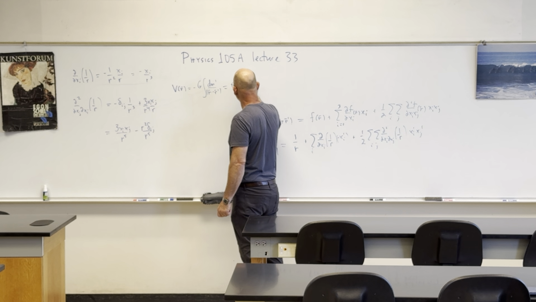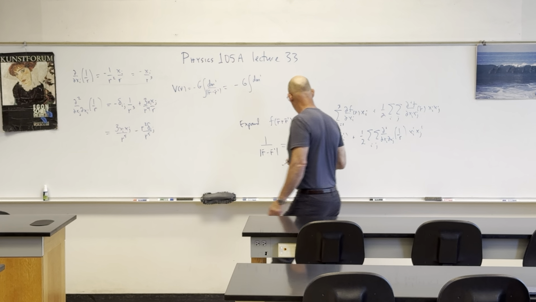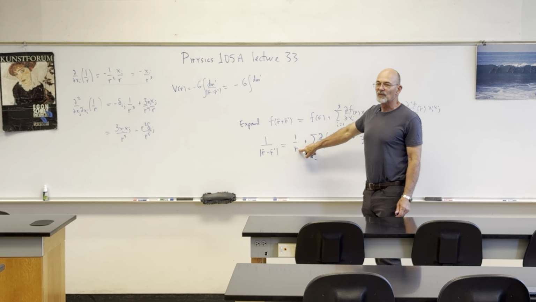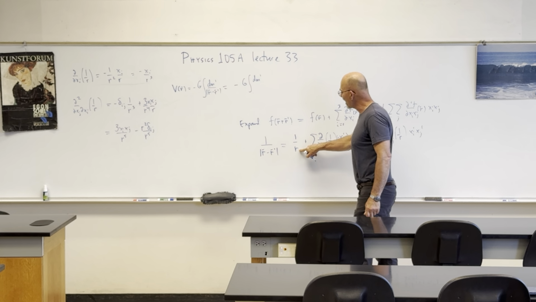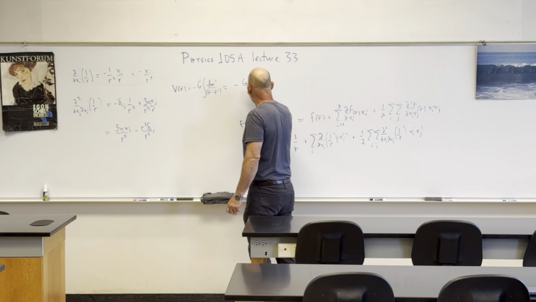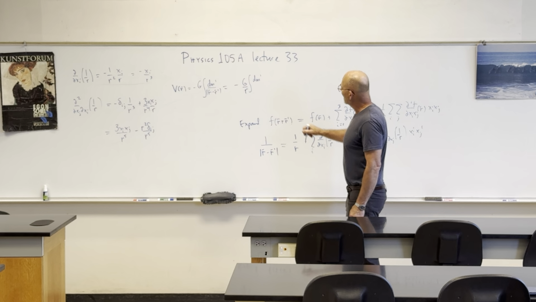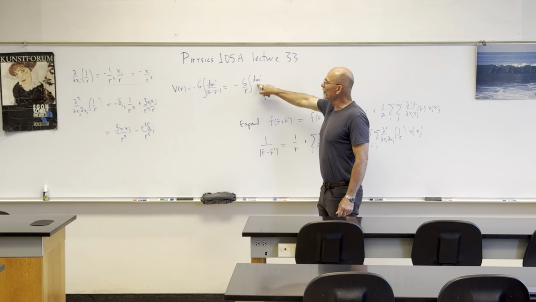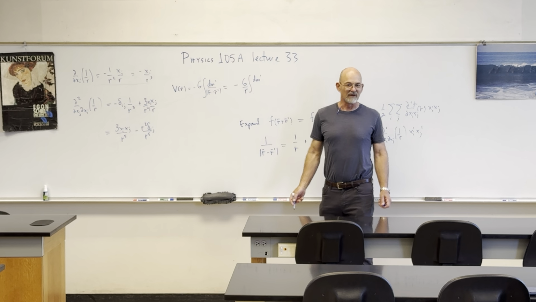So the first one we've got integral minus G dm prime, but that first term is just 1 over r. 1 over r is not prime, so we can pull this out. And what's the integral of dm prime over the entire body? That's just capital M, the total mass.